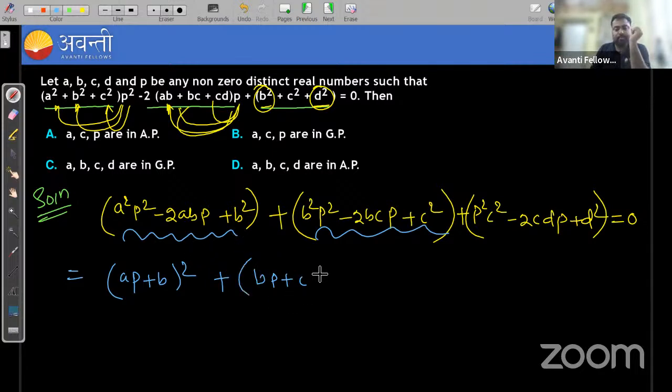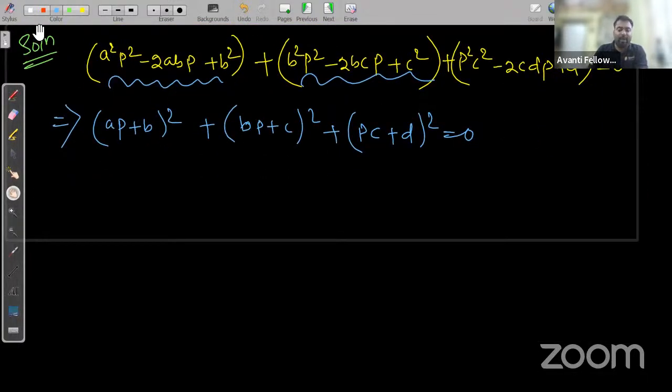Similarly, the last one is (PC minus D) whole square. So can you tell me one thing: in which condition will the sum of three perfect squares give you 0?